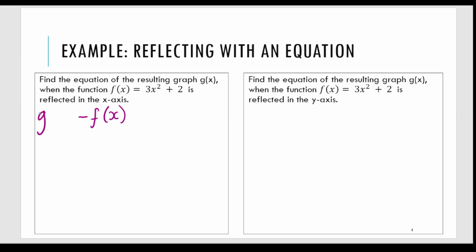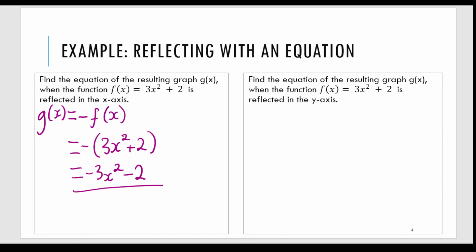So our new equation, g of x, is equal to negative f of x. So it's just going to be negative whatever this whole function is. So we go negative (3x squared plus 2), which equals negative 3x squared take 2.